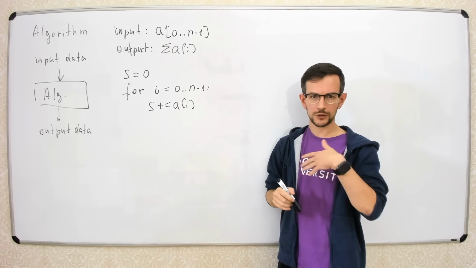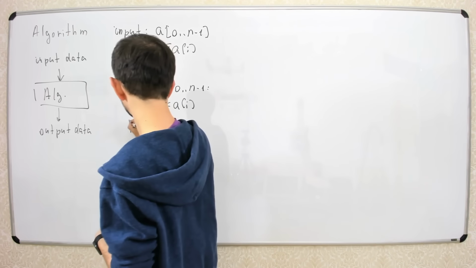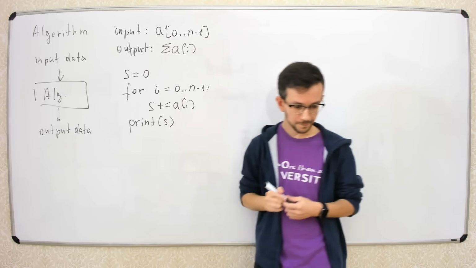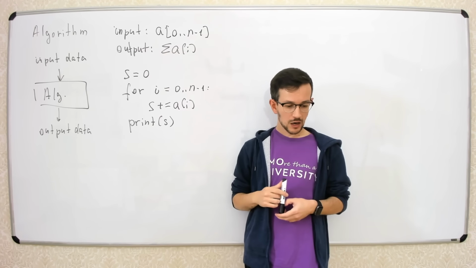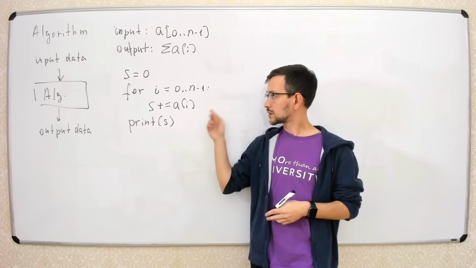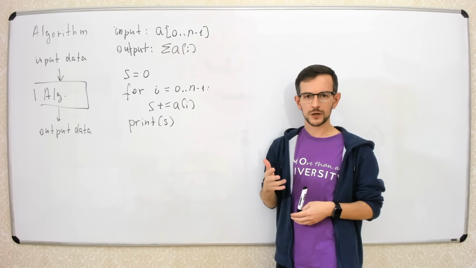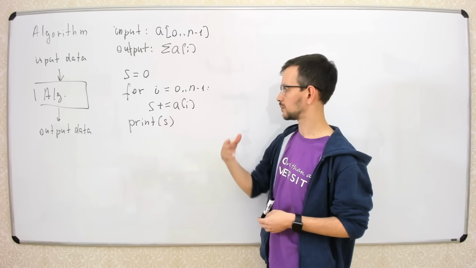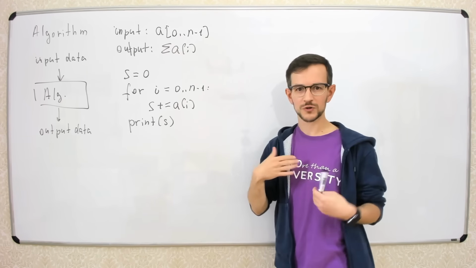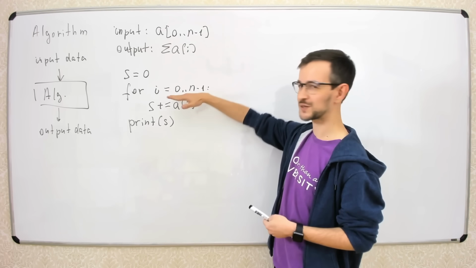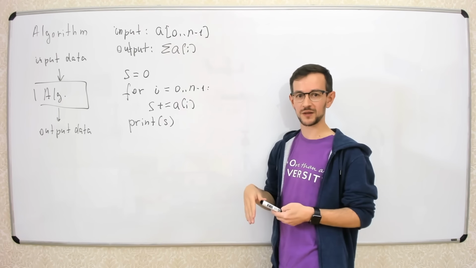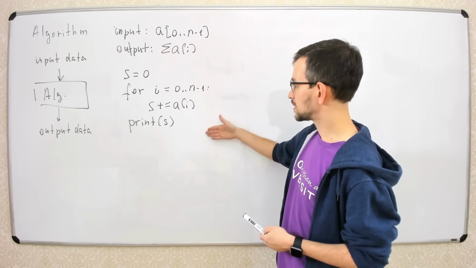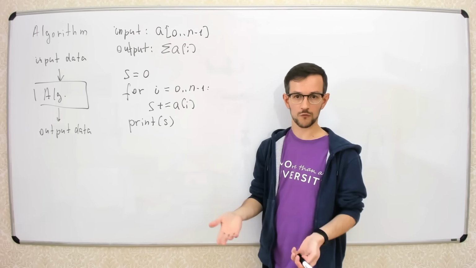And in the end, we need to output, so let's print s. This language is more like Python, but not exactly Python. For example, this for cycle is not written like in Python, because I personally prefer this way. I think this is clearer to understand than the Python way to express cycles. So this is an algorithm which calculates the sum of all elements of the array.